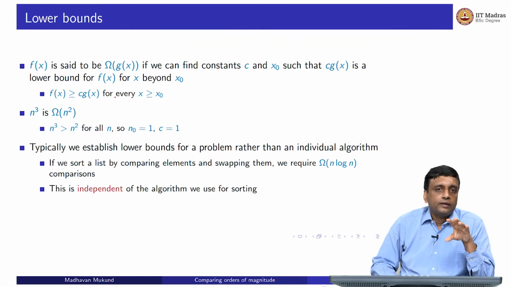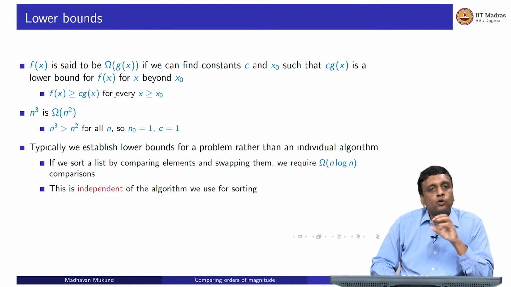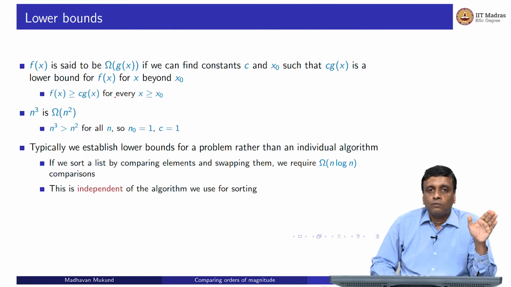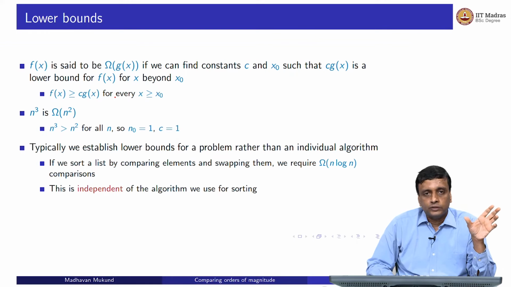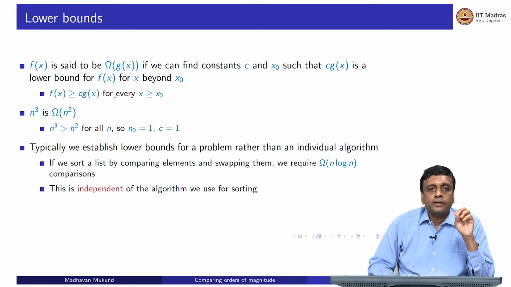For example, if I take an unsorted sequence and I ask you to search for a value which is not there, I claim that no matter how you do it, whether you scan it from left to right, right to left, whatever way you do it, if you don't have any particular structure to the order of the values, there is no way to determine that a value is not there without examining every value.